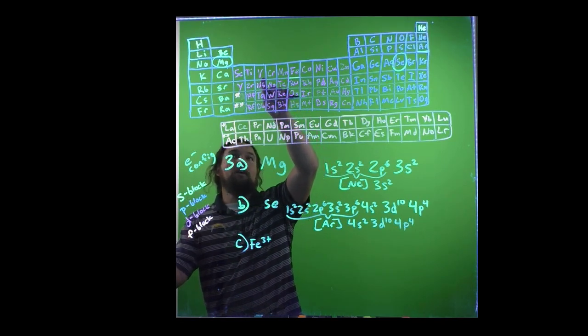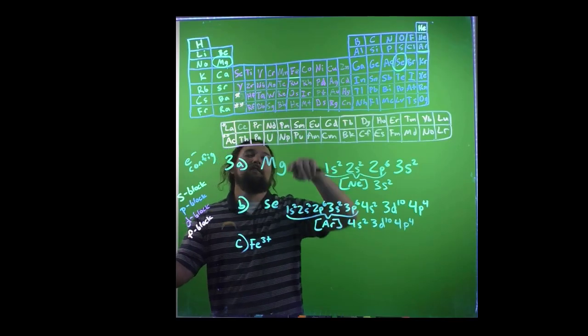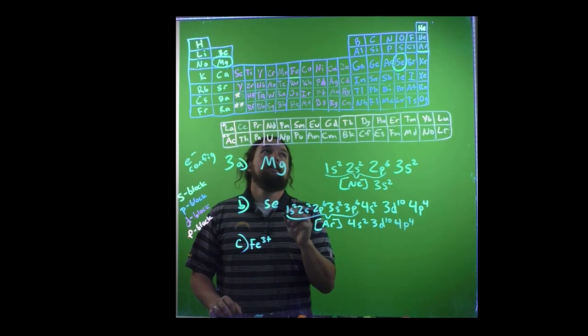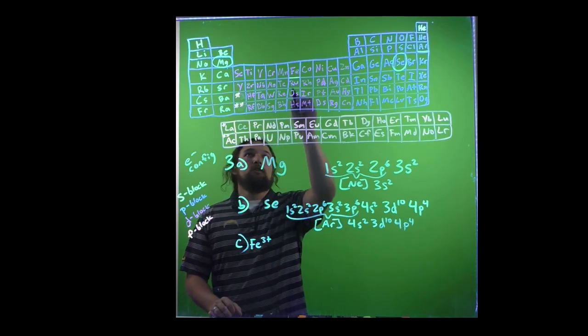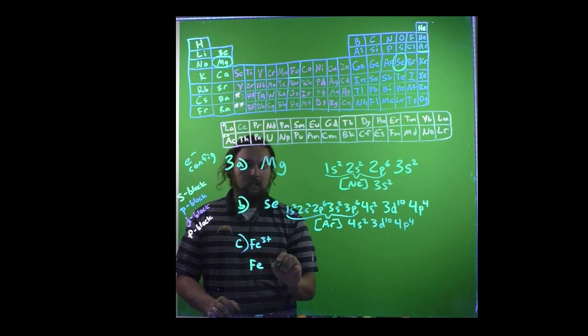So let's just draw out the electron configuration of Fe3+. Let's do Fe normal first, and then we'll take away the 3 electrons, and then we'll figure out the most stable one.